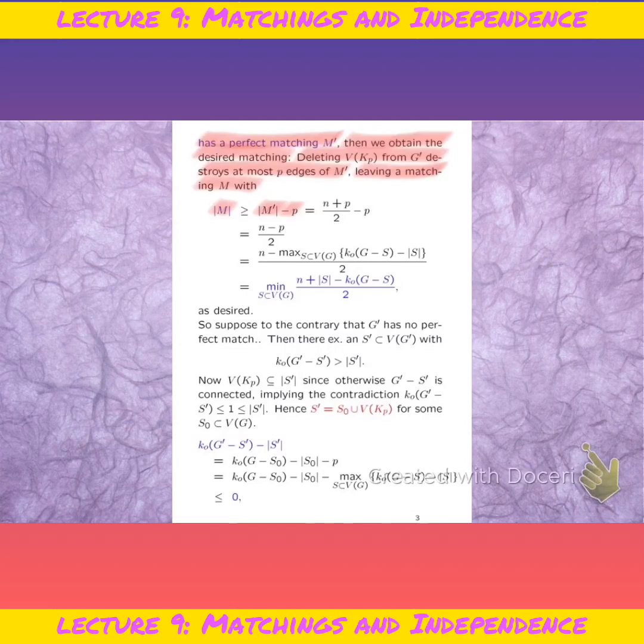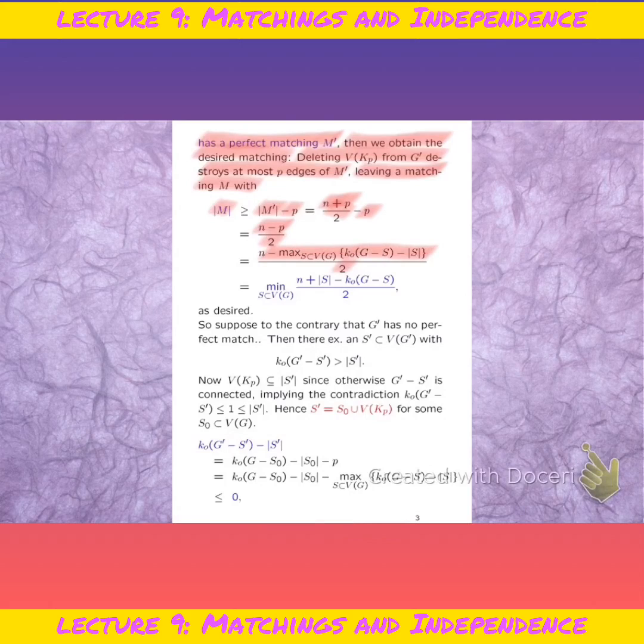Now, we're going to prove that M prime is a perfect matching. So it's going to have (N plus P)/2 matching edges minus the P that you destroyed. And adding that, that is going to be (N minus P)/2. And we define P as that quantity there.